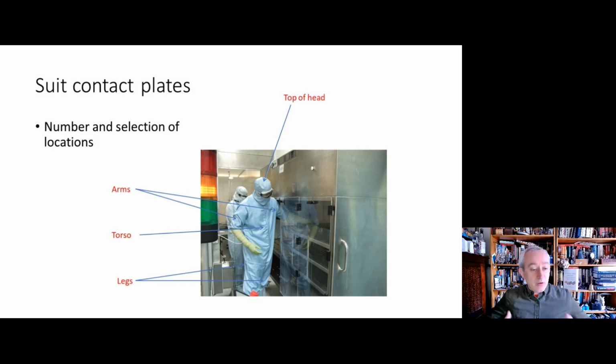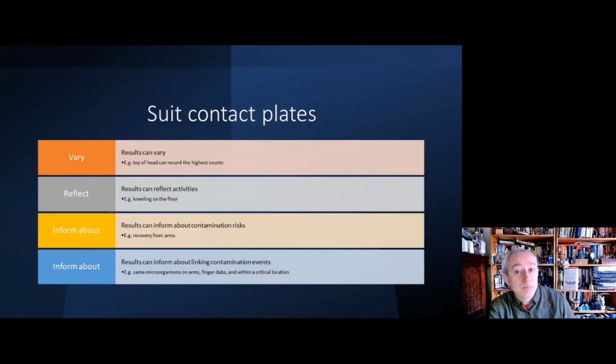The torso, because it's that main bit of the body again, and the legs, because occasionally people need to bend down to carry out certain activities. So not all of those locations are taken all of the time, but they're all taken once a year, and some locations are taken on every exit from the filling suite.